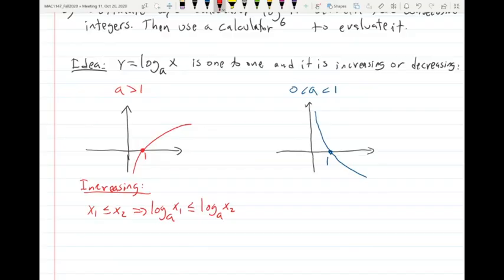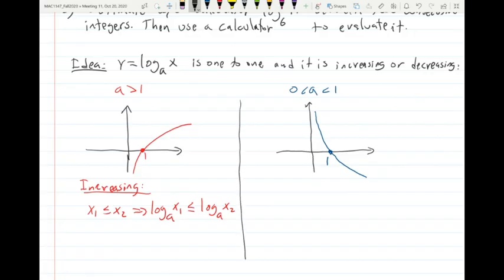In other words, if x1 is less than x2, the corresponding y satisfies the same inequality. So being monotonic, in this case increasing, means that the log respects the inequality. If you have a certain inequality in the input, when you apply the log, you keep the same inequality.